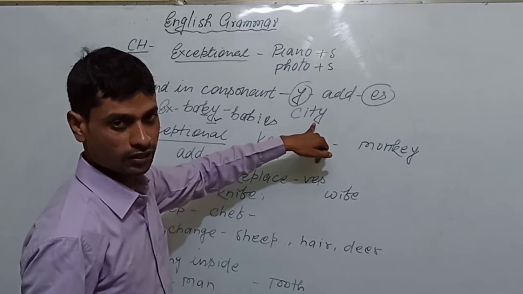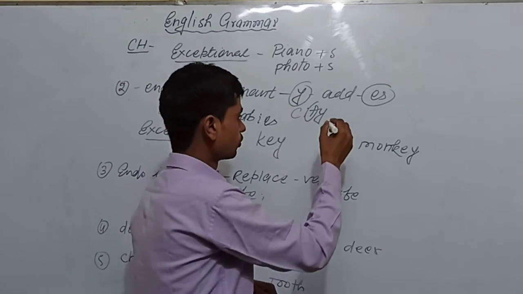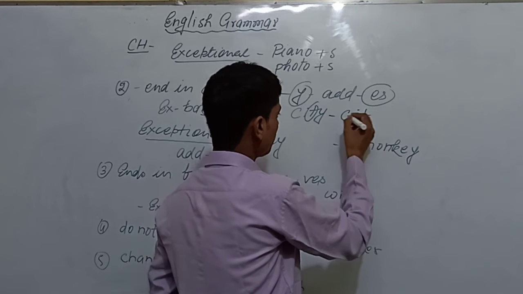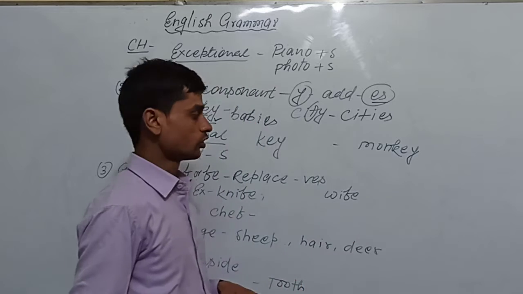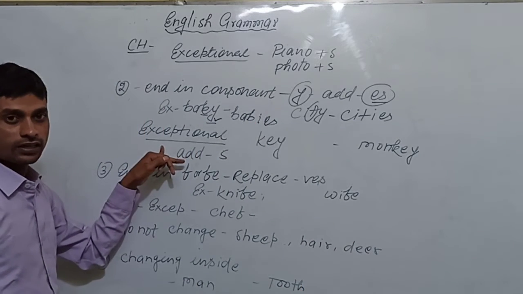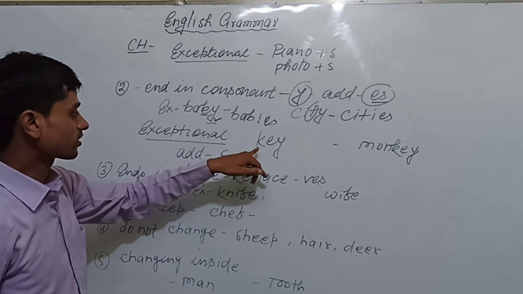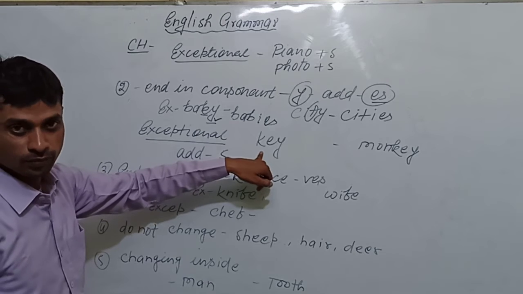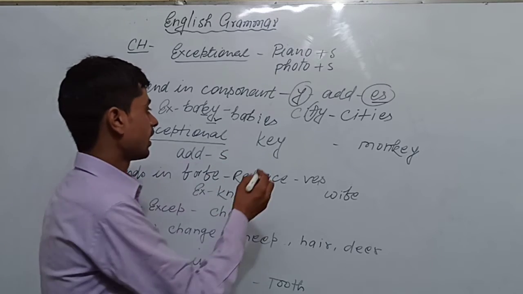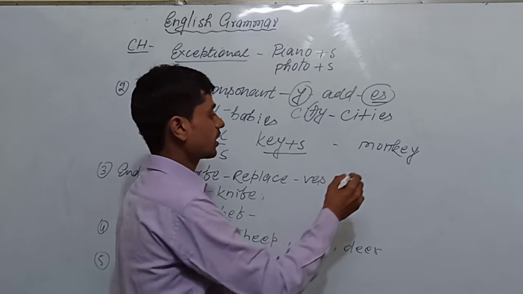Just like city. What is the last letter? Y. And before y, t is a consonant. So y is replaced with i and es is added, and cities. Also, there is an exception in this case: the last letter is y, but before y, if there is a vowel, then we add only s, just like monkey.